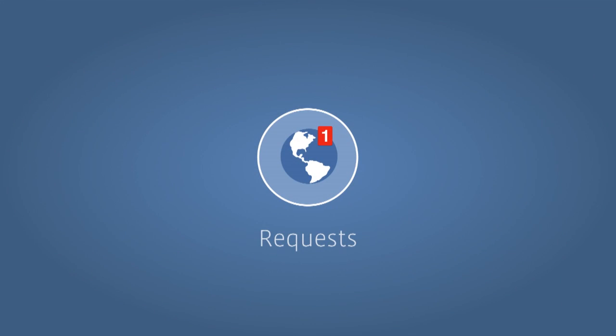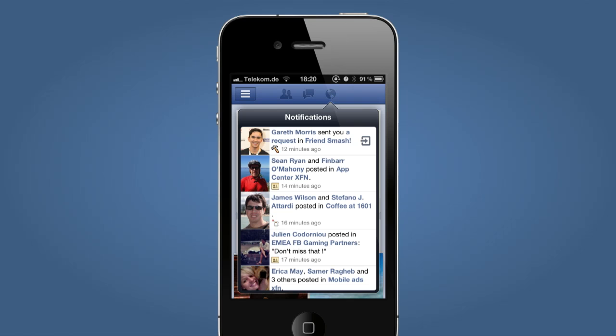In addition to those three channels, the core pillars of Facebook, Facebook platform also offers a really cool piece of functionality called requests. And what requests offer is the ability for you as third-party developers to allow a user to invite all their friends to come to your application. And what this results in is the user's phone will actually buzz. You'll get a push notification that goes through the Facebook channel.